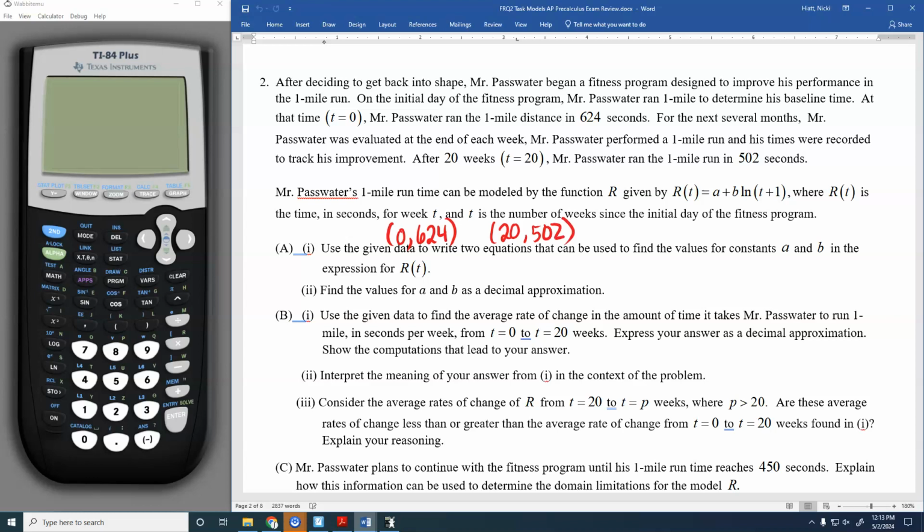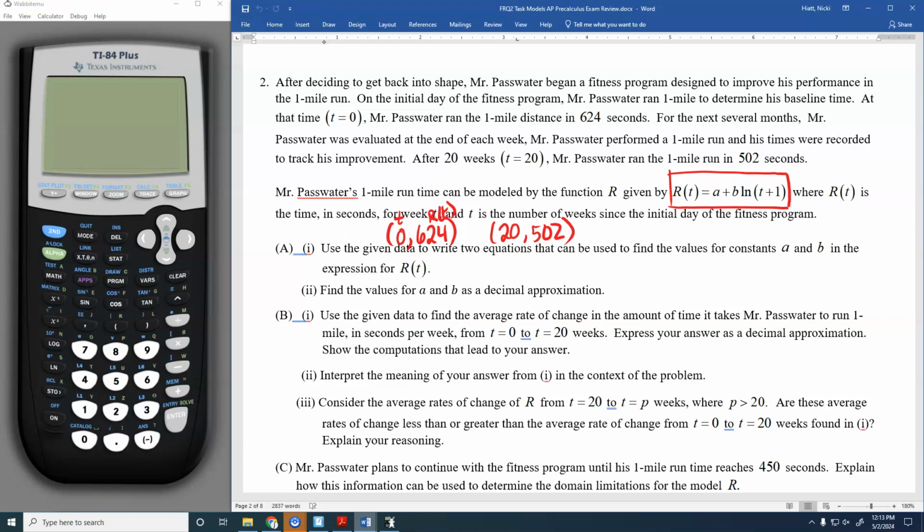To write your equations, you are using whatever the form is that they give you. And in this coordinate, the x coordinate is your t value, and the y coordinate is your r of t.